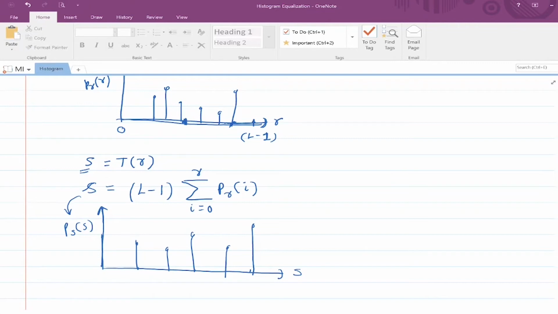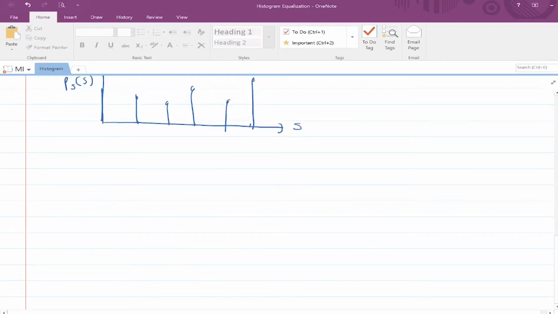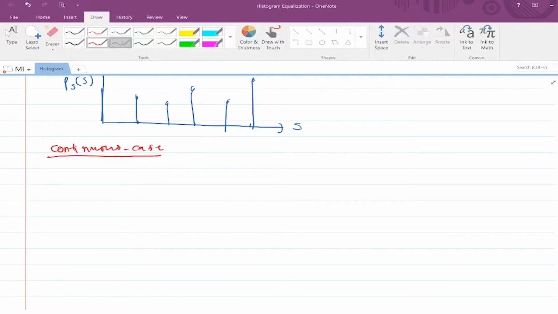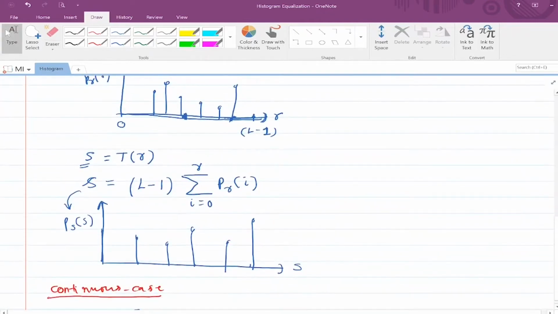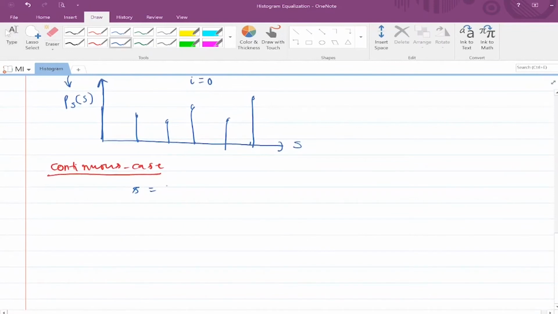Now let us analyze the same thing mathematically, starting from a continuous case. What is given here? Initially your variable is r, which could vary from 0 to L minus 1. These intensities you are mapping to a new variable s.